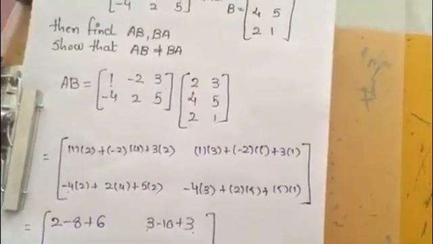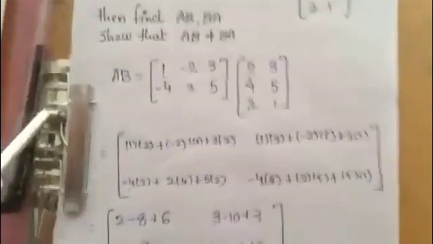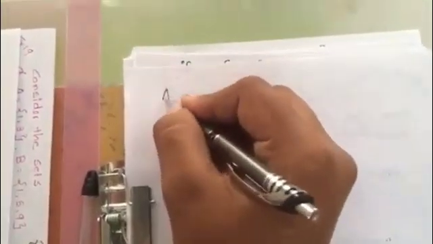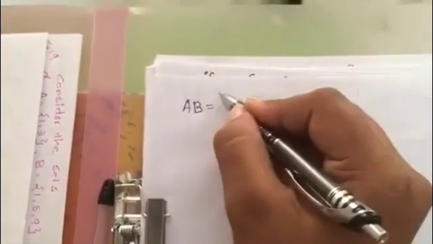Now we have to find the value of B into A. First, let's write the value of AB that we found: 0, 10, -4 and 3.